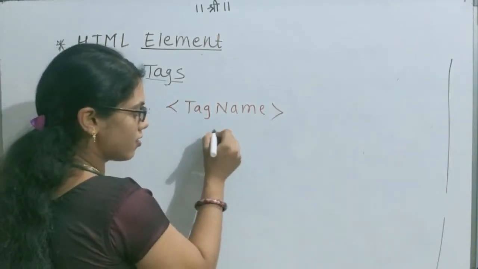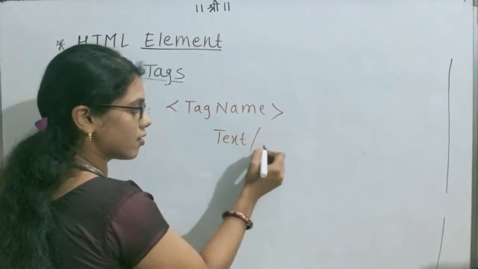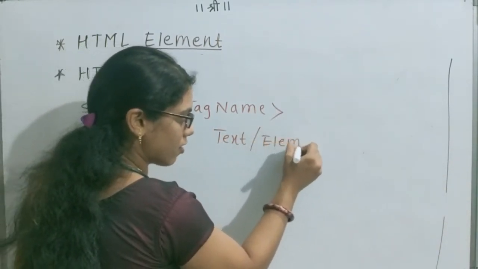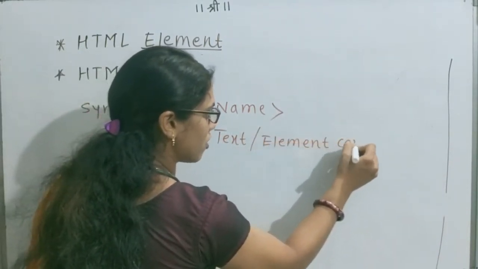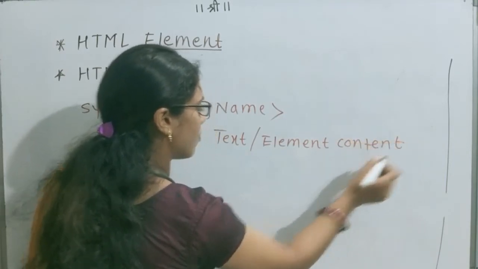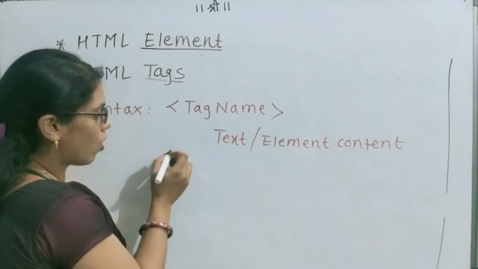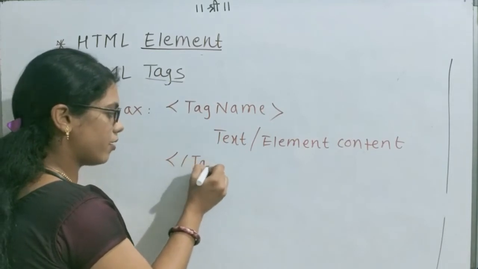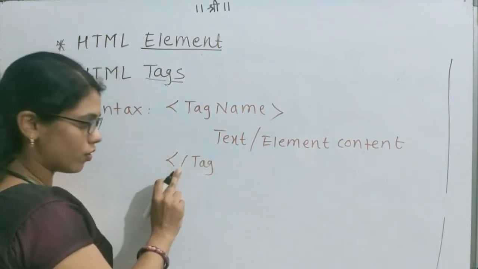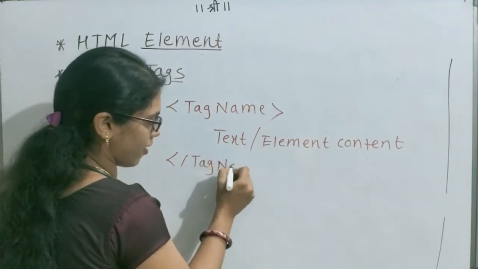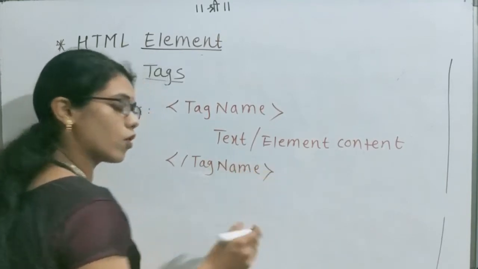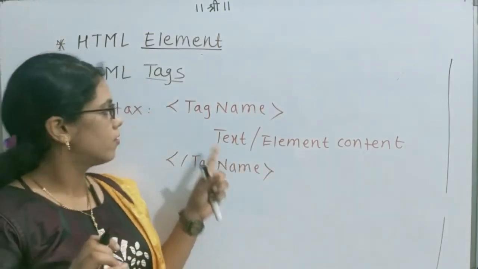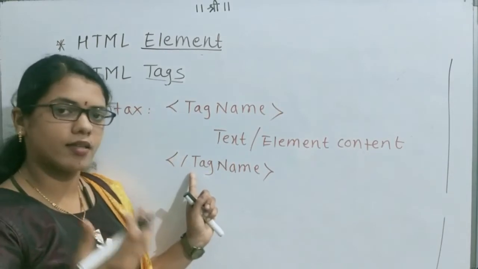Then our text, which is the element content on which the effect of our start tag is applied, and finally all effects are terminated by the end tag: forward slash with the tag name. For all tags, first we give syntax and then an example.